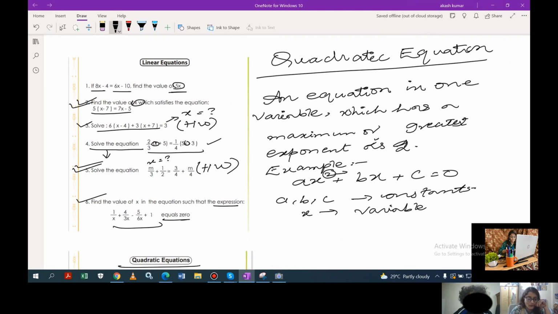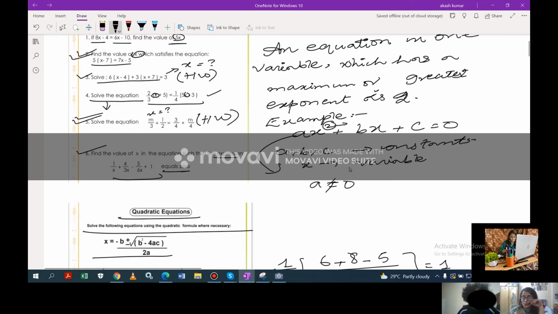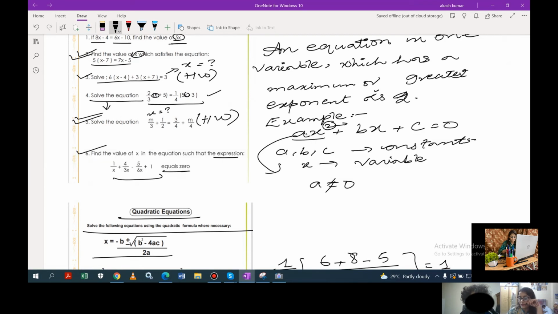So the value of a can never be 0. If the value of a is 0 and we put that a into this equation, this term will vanish. We will be left with bx plus c, right?